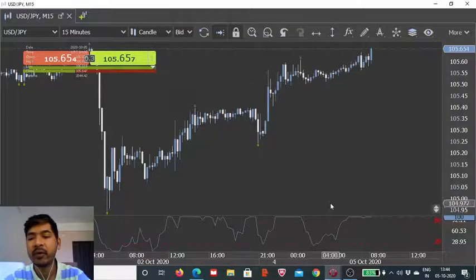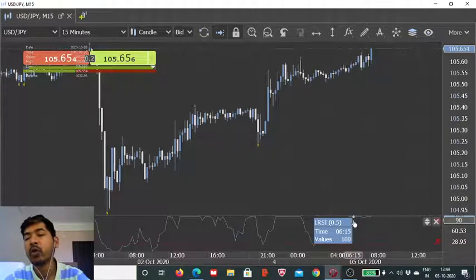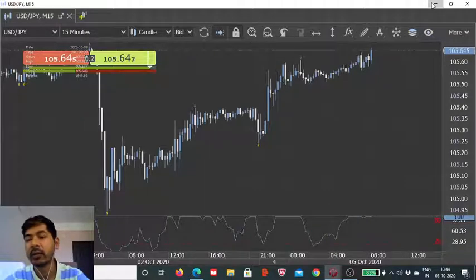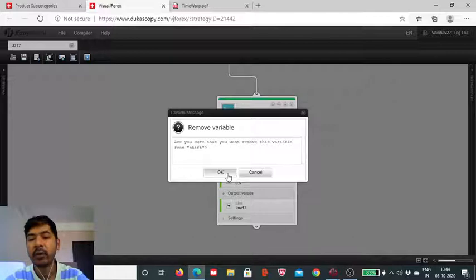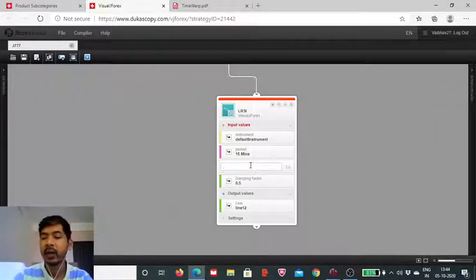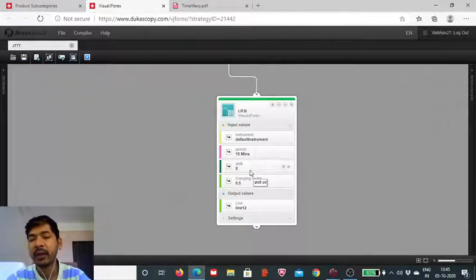For example, if we were to look back in time by say 2 hours, then we will need to go back 8 candlesticks of 15 minutes each, and that means we will have to write 8 here. We have to select 8 here, and then we will get the output value of the LRSI on the 15 minutes candlesticks of USD JPY 8 candlesticks back, that is 2 hours back.